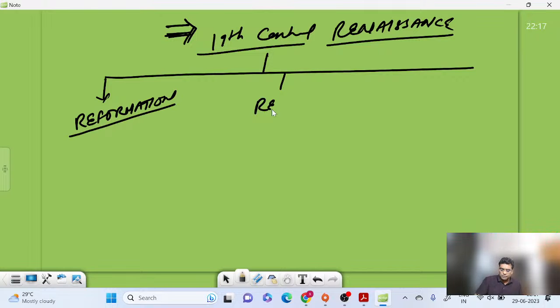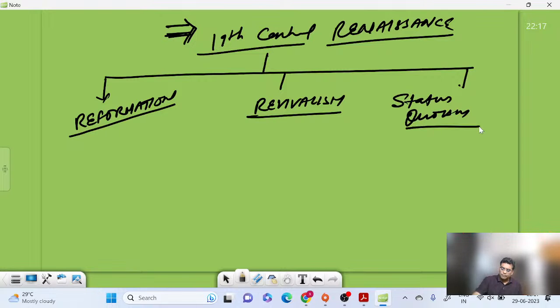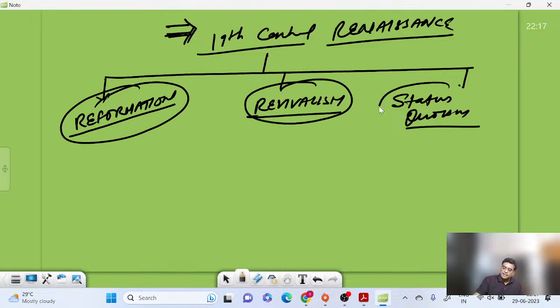Second is Revivalism. And third is status quo. So Reformation, Revivalism, and status quo. Reformation means religious reformation.